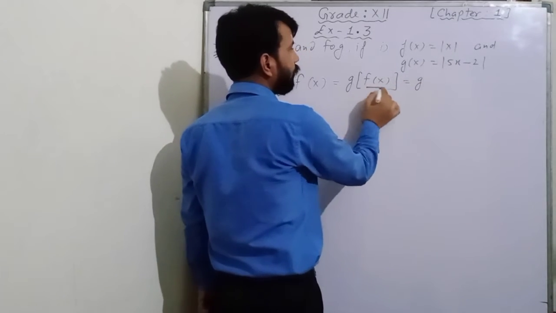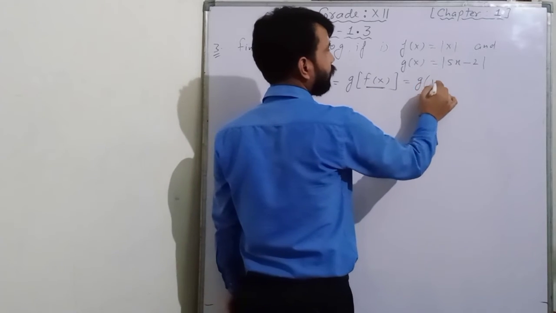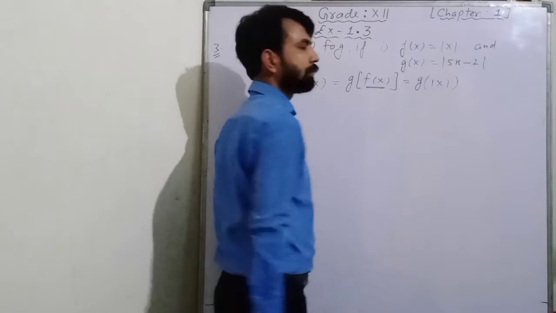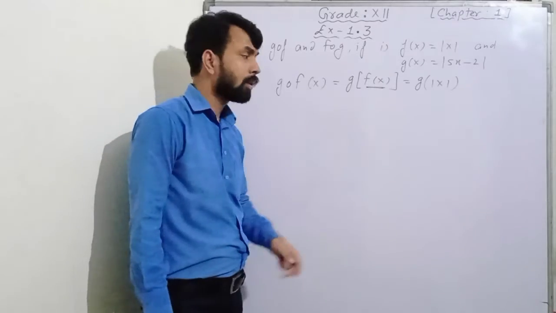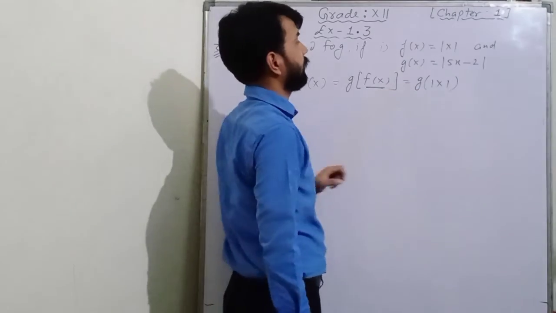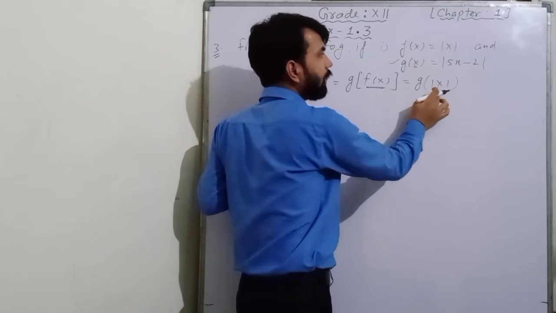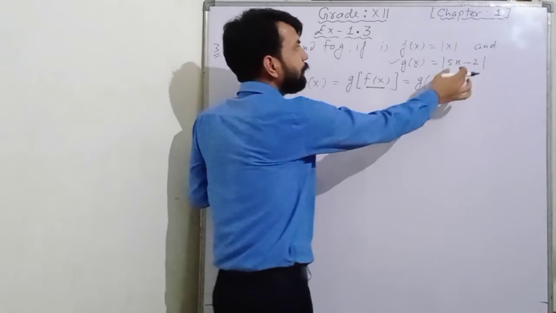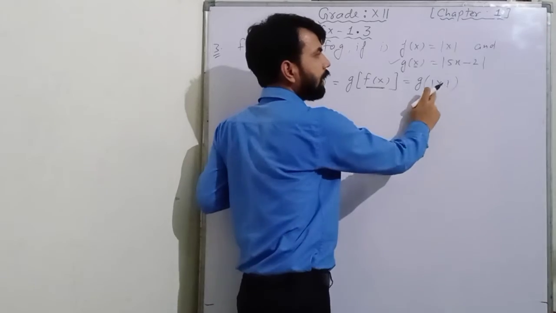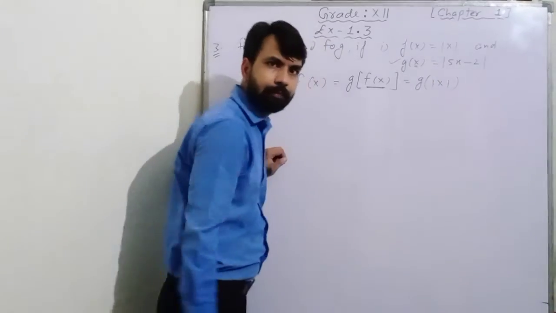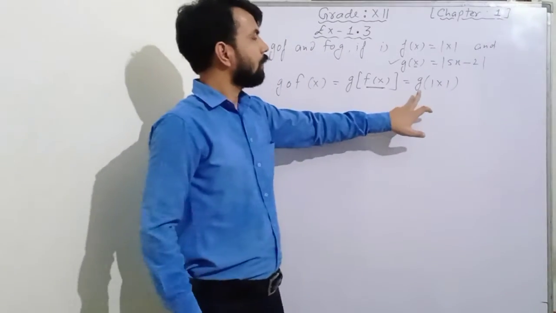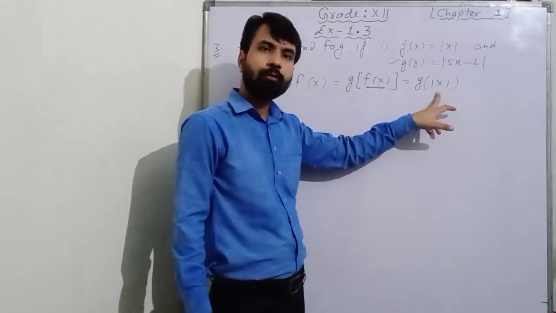In place of f(x), we can put mod of x. Clear? Now g of mod of x. So beta g(x) is given this. So beta, here in place of x what has come? Mod of x has come. So wherever x came in this, what will we put in its place? We will put mod of x. Clear? Beta, we have to find g of mod of x.